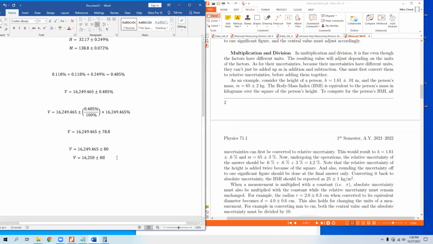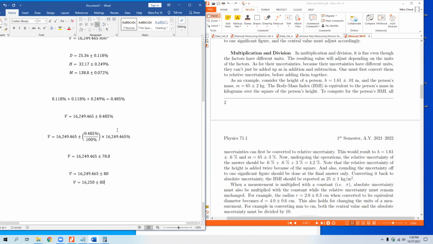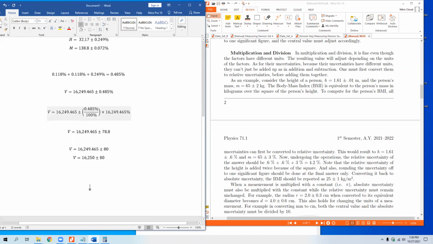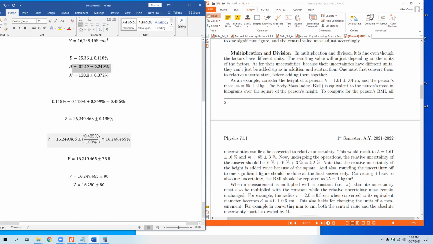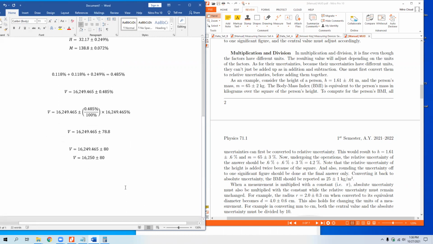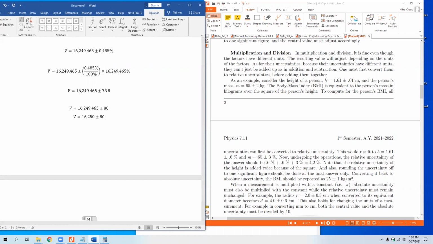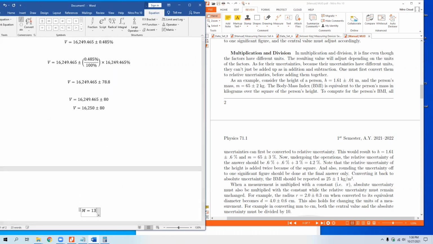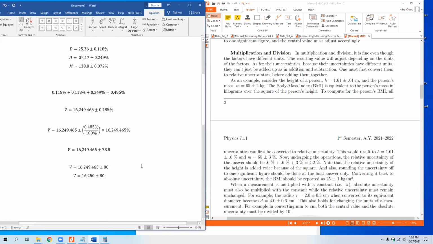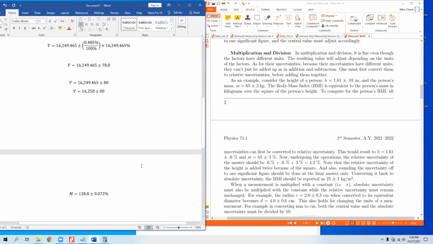So now we have our mass and we have volume. We want to determine the density. So what is our given? We already converted the mass to relative uncertainty earlier. So that's 138.8 plus minus 0.072%.